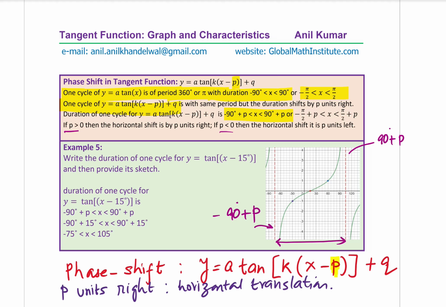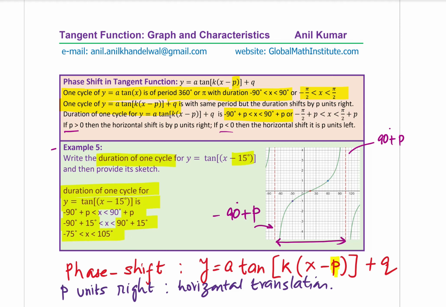Based on this, here is an example. Write the duration of one cycle of tan(x minus 15 degrees) and provide its sketch. We have a p value of 15 degrees. So we add 15 to the principal cycle, which is minus 90 to 90: minus 90 plus 15 up to plus 90 plus 15.